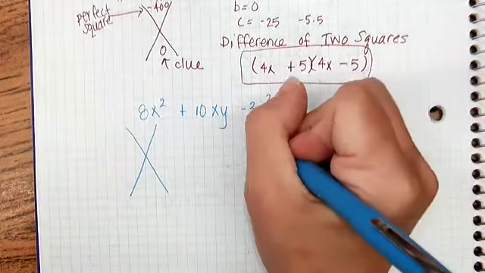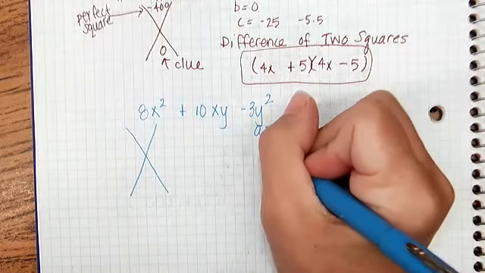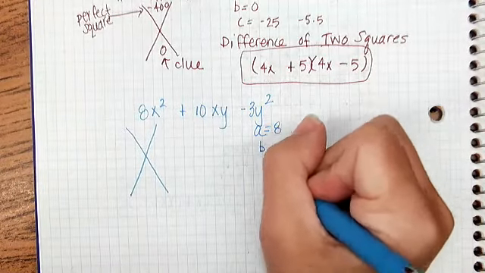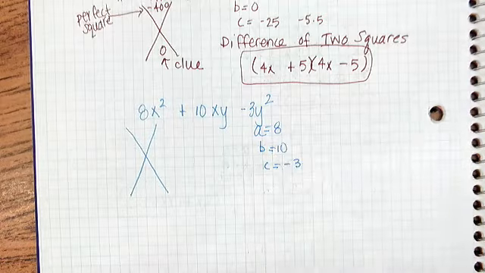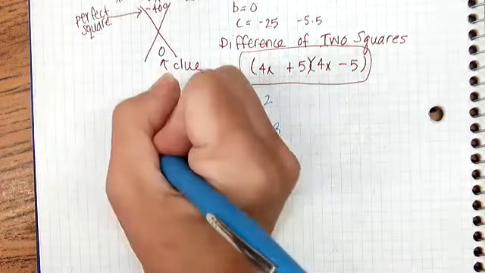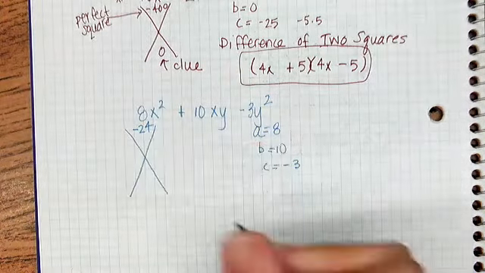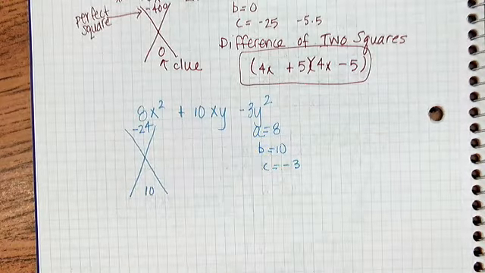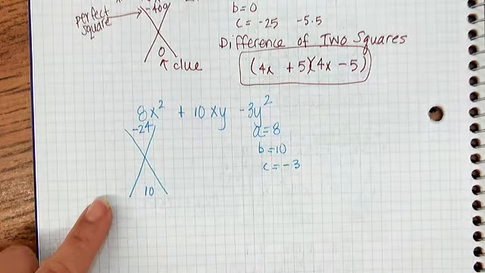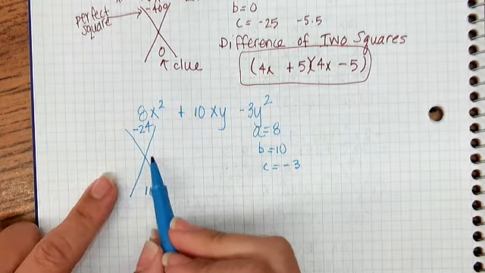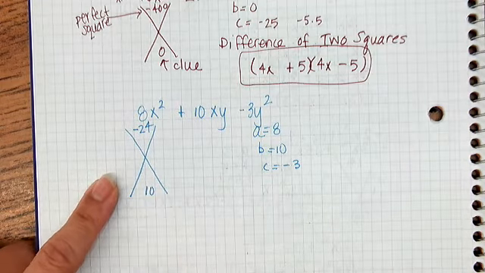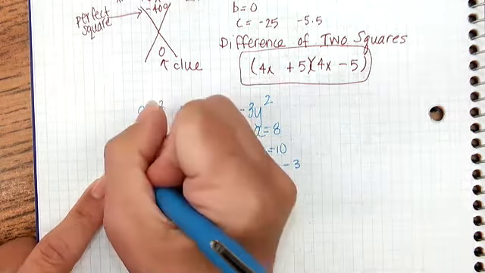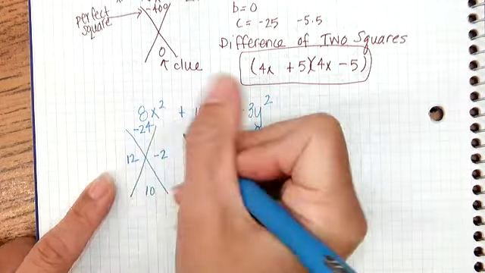A is 8, B is 10, C is negative 3. AC is negative 24, B is 10. Don't be fooled. I was like, oh yeah, 6 plus 4 is 10, but 6 times 4 is not negative 24. How about 12 and negative 2?